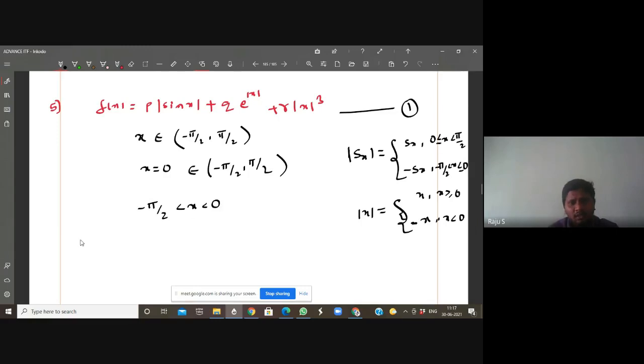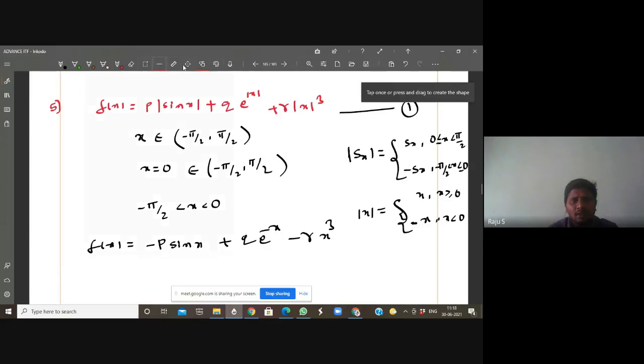So in this case, f of x becomes minus p sin x plus q e to the power of minus x minus r x cube. Am I right? Does anyone have doubts here?